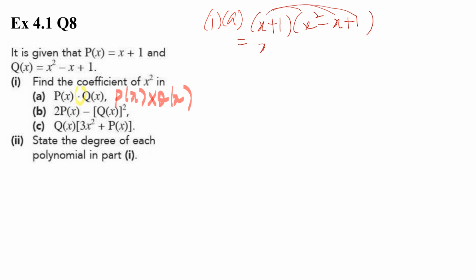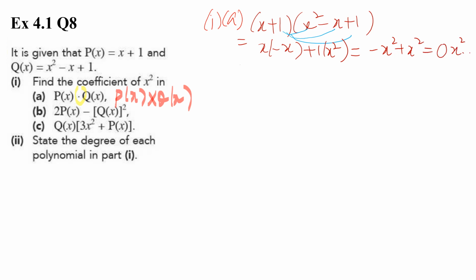Yes, I'm interested in x times minus x, because I'm interested in the x squared term. Other than that, I'm not interested. Similarly, I'm interested in plus 1 times x squared. Then you work it out, you get negative x squared plus x squared. That will give you 0x squared. So therefore, the coefficient of x squared is 0.